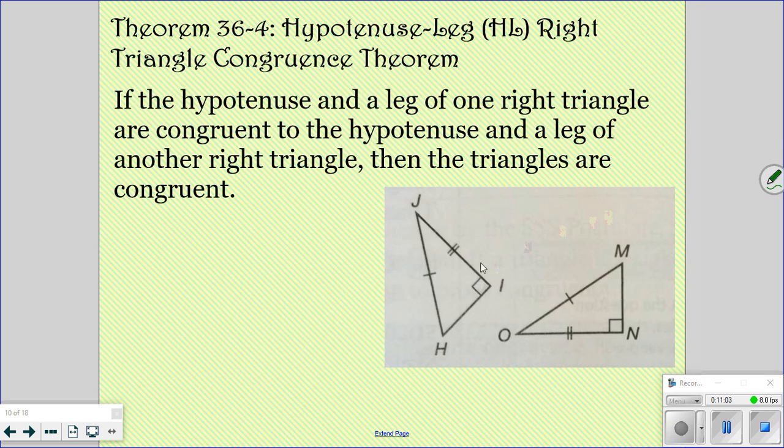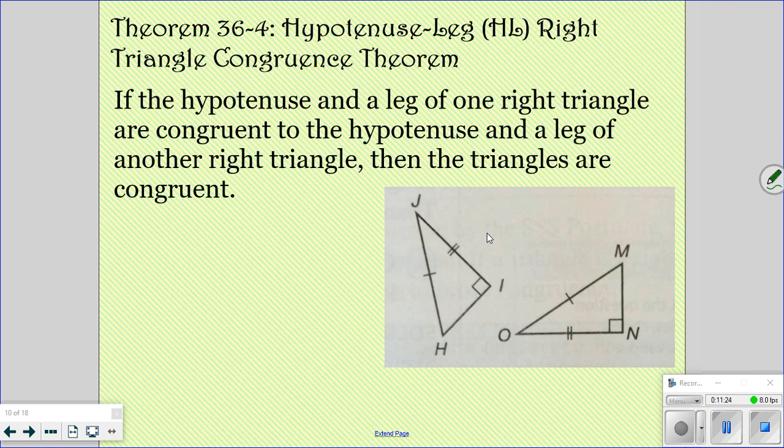Or on this one, this is the only one that you can't use another one, because this would be A, S, and S, which, remember I told you, we're not ever going to be having that combination of letters, or SSA. That's not going to work. So the hypotenuse leg right triangle congruence theorem is the only one that you have to use.